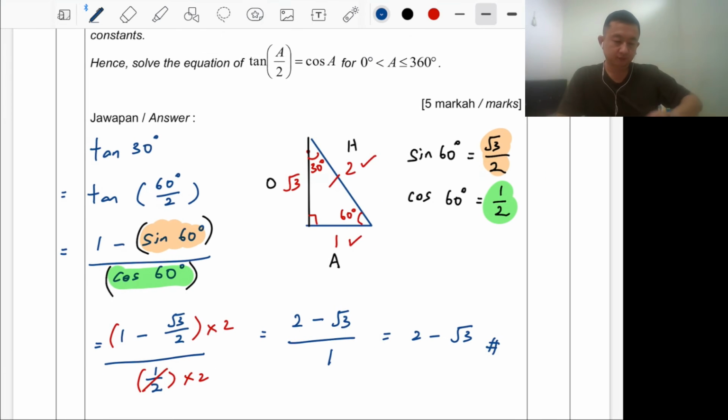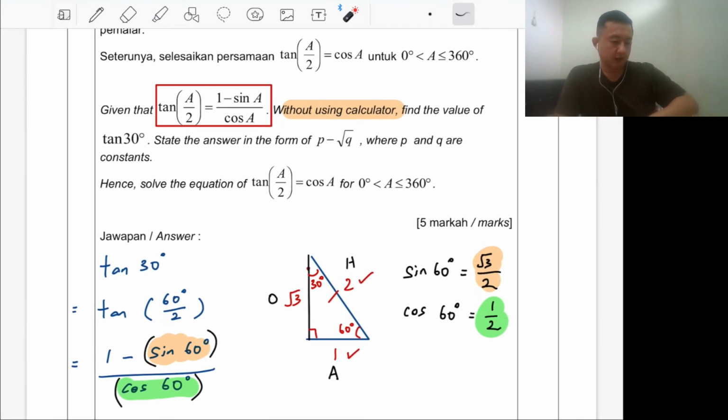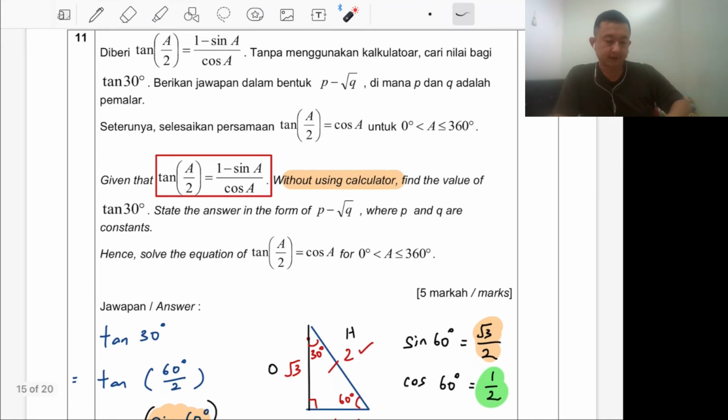Okay. So the key thing is, without using a calculator, you must show enough and also clear working steps to convince your examiner that you did not use a calculator in this.